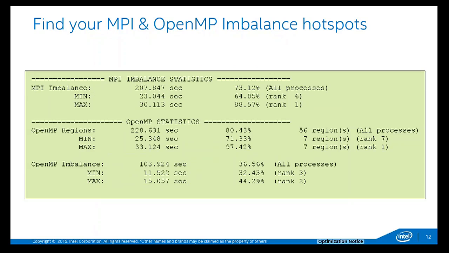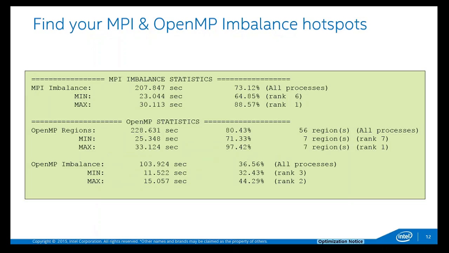And then in addition to the PAPI counters and some of the other OS counters, we also get data from the MPI library and the OpenMP runtimes. What that really helps with is showing you if you have any potential imbalance in both of those in your application.